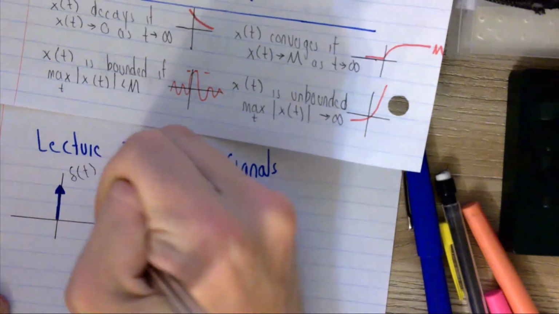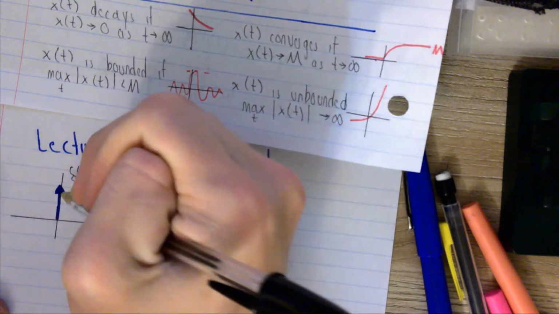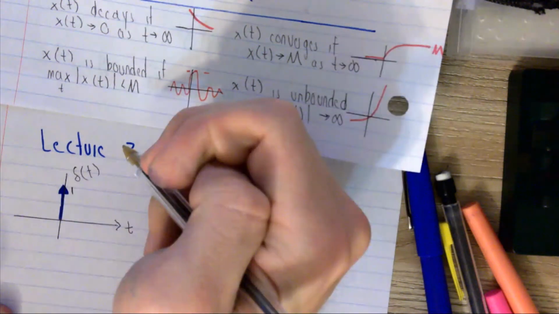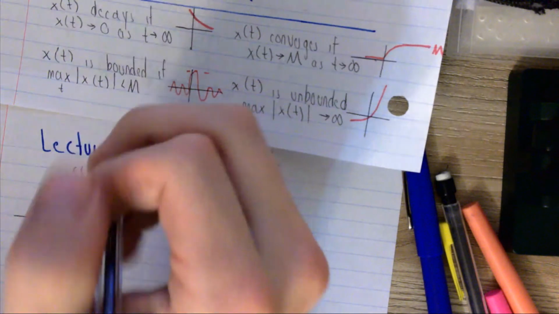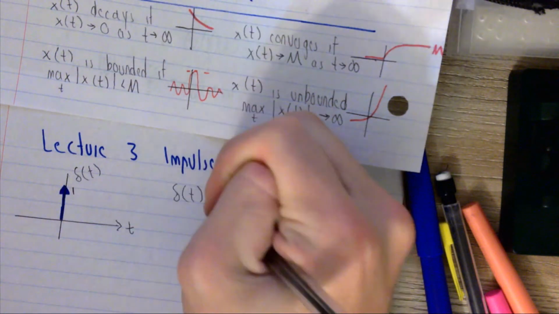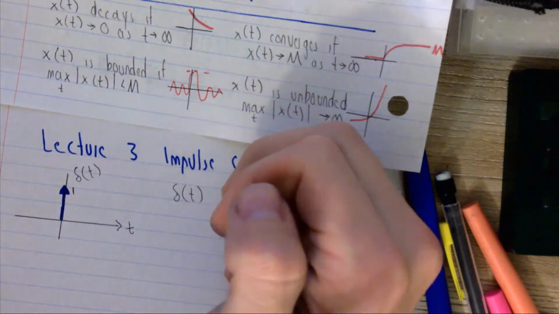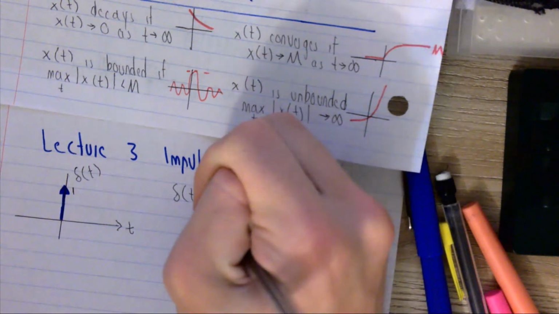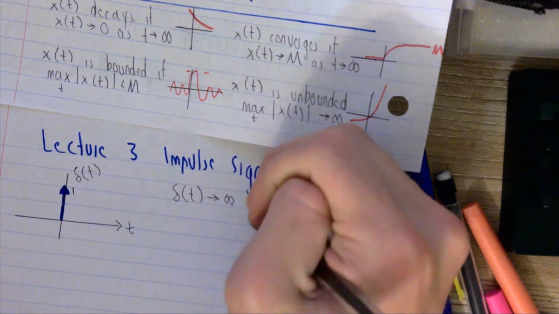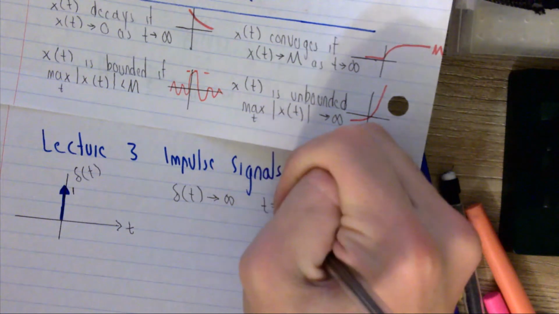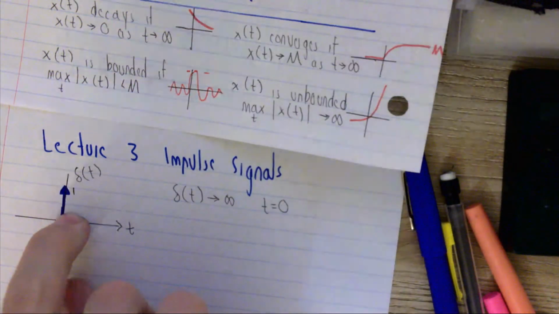The signal goes to, so delta, that's what we represent as the unit impulse signal, and that goes to infinity at t equals 0. Right here, that arrow indicates that it's going up to infinity.